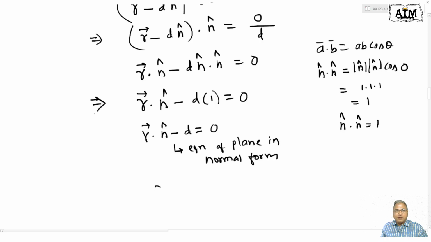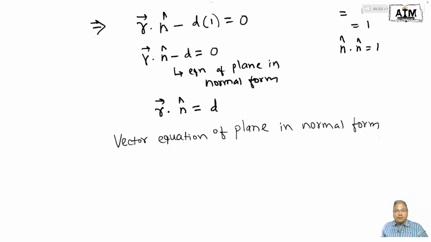In the textbook, it is also written as vector R dot n cap equals D. Both the equations are one and the same. So in this way, we obtain the equation of plane in normal form. It is a vector equation because it is expressed in terms of vectors. Therefore, it is called the vector equation of plane in normal form.